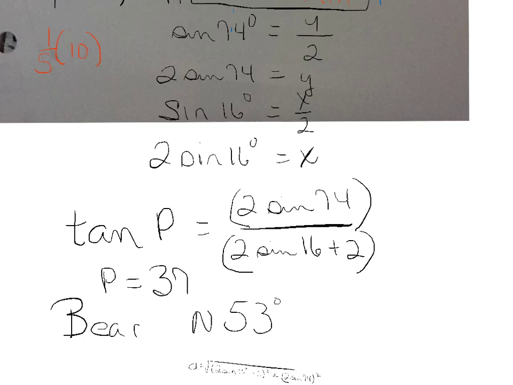And is it west or east? West. So here's our bearing: north, 53 degrees west. Yes? Could you also do it by finding the full angles of the whole thing and then subtracting 180 to find out?